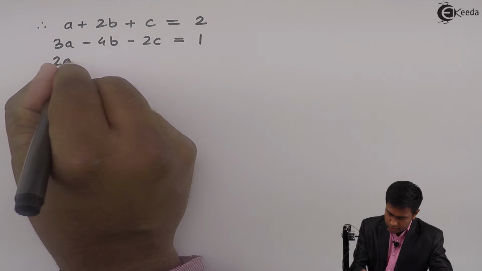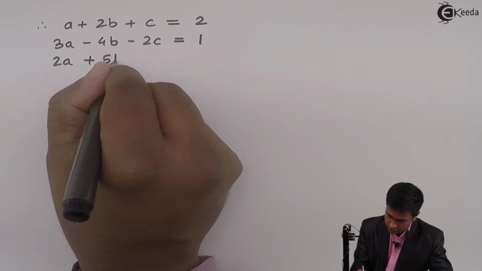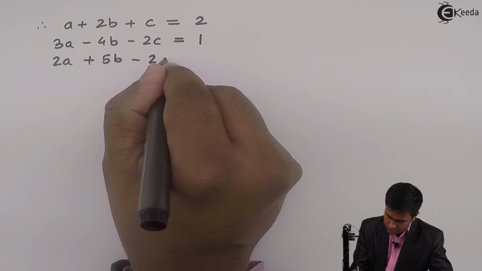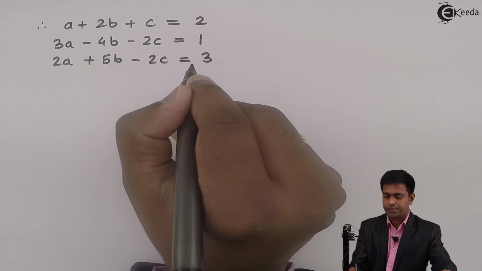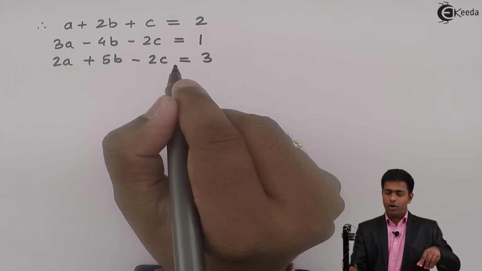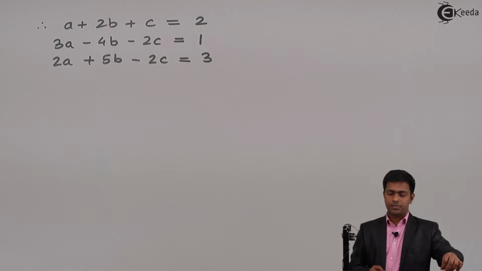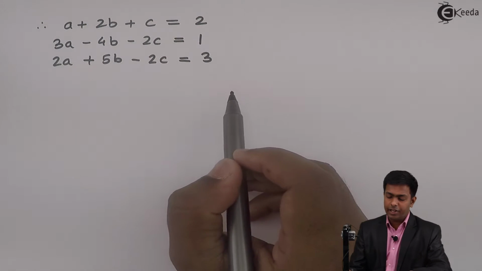So 2a plus 5b minus 2c is equal to 3. So now we got the three equations in linear form.